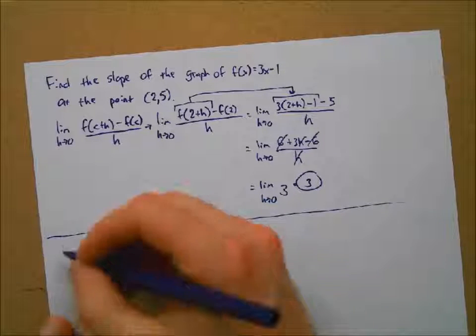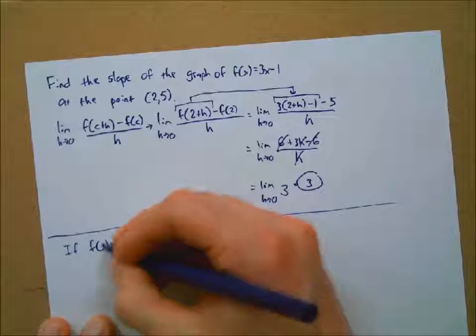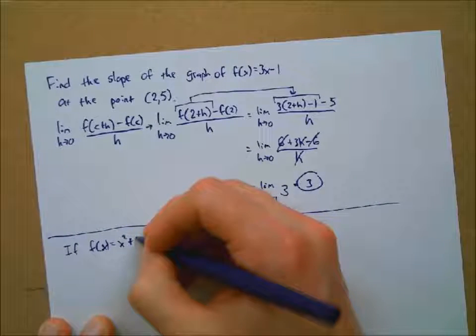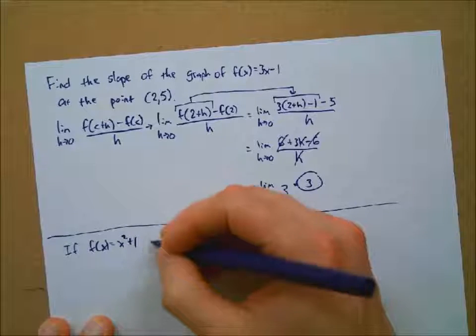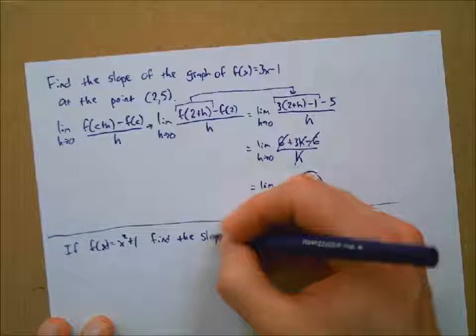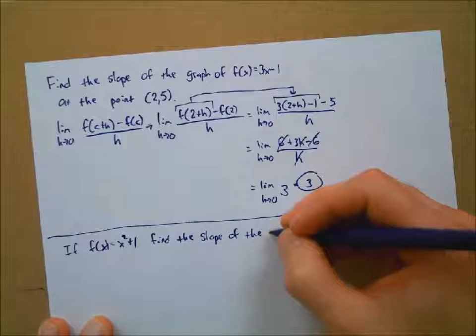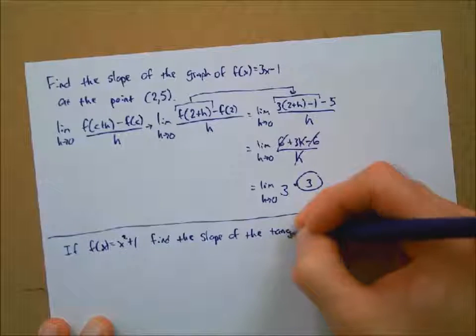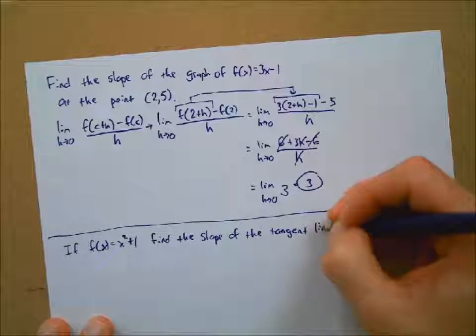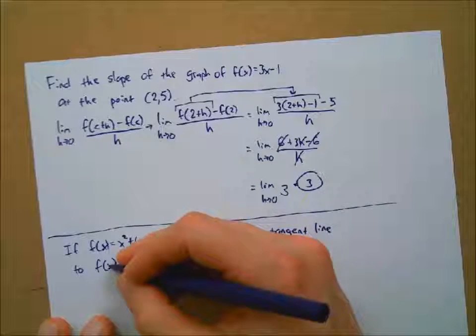If f of x is equal to x squared plus 1, find the slope of the tangent line to f of x at the point (0, 1).